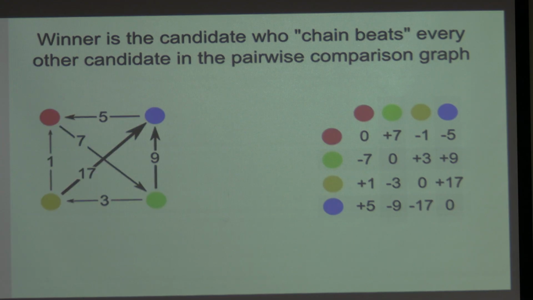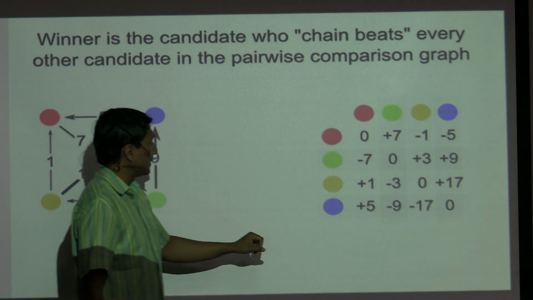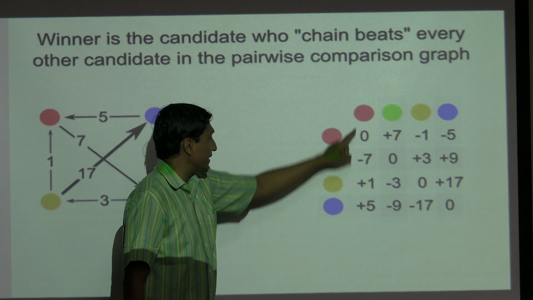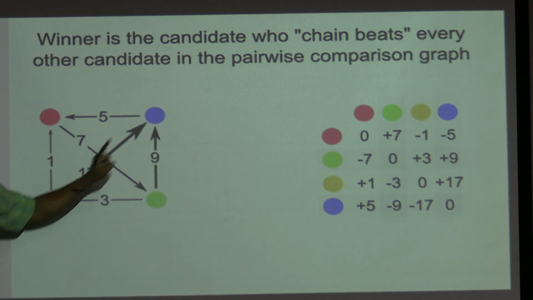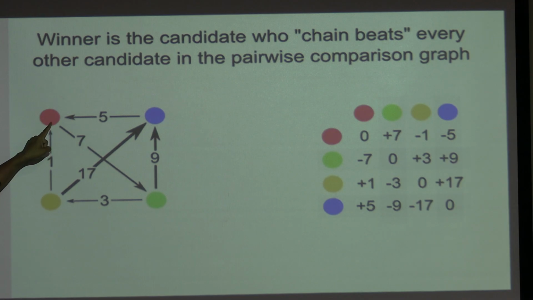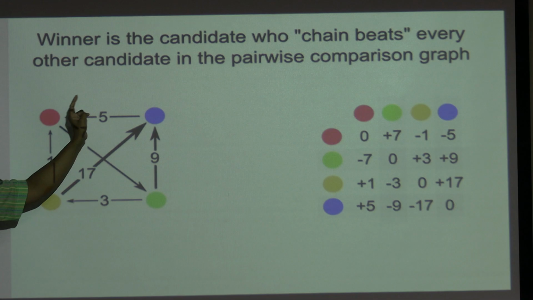Using that, I'm going to draw a graph. Imagine a graph where the vertices are these candidates, and now you draw edges with weights. The weights are exactly the numbers over there. So for example, purple beats red by +5, so I draw an edge from purple to red with a weight of 5, and you can imagine that there is a -5 edge in the opposite direction.